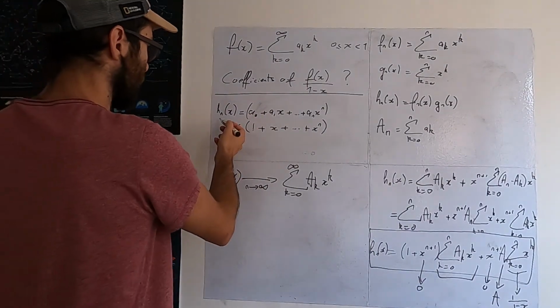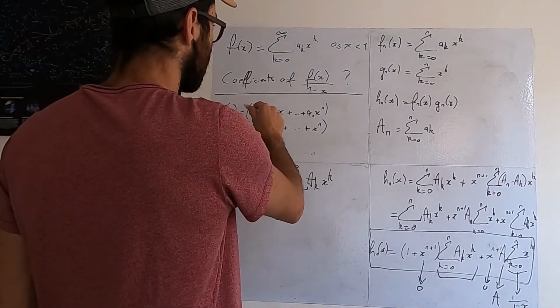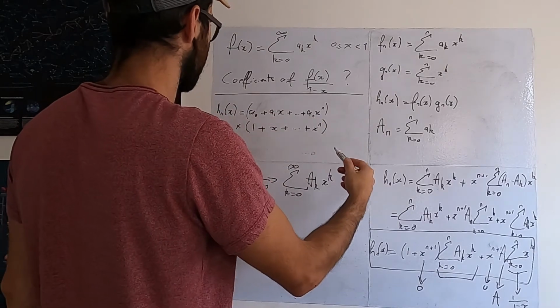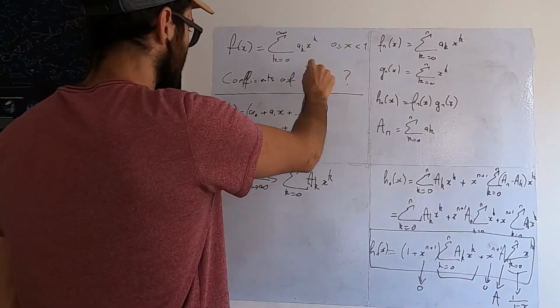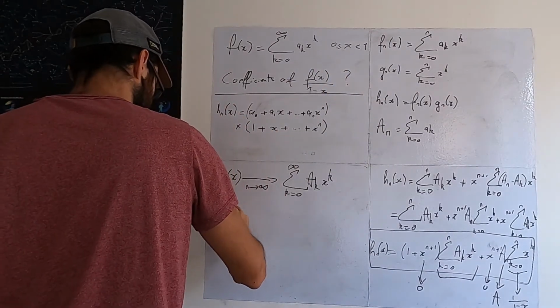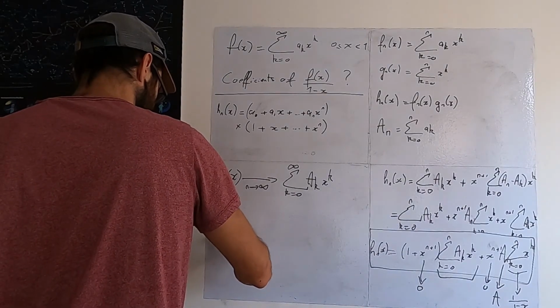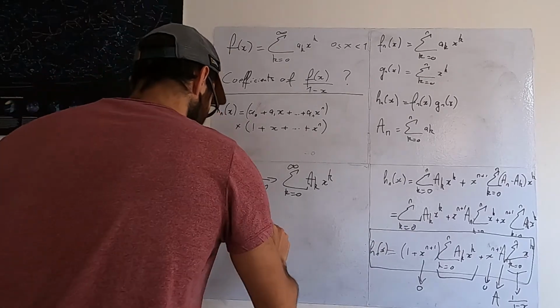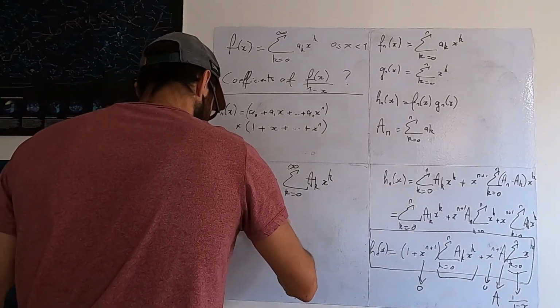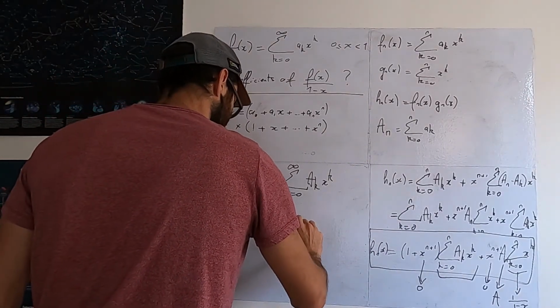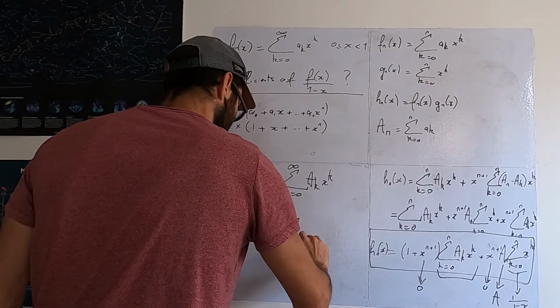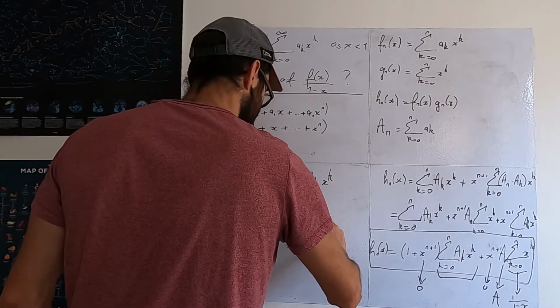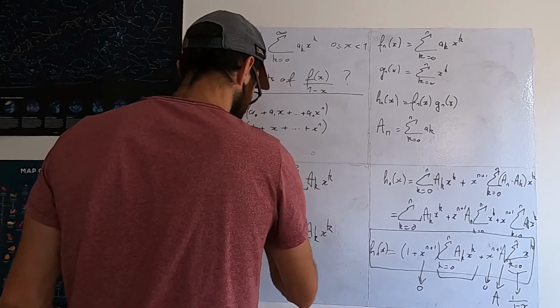And we also know that because hn of x is one partial sum of h of x, we also know that hn of x tends to h of x when n tends to infinity. So that allows us to show that h of x is equal to the sum from k equals 0 to infinity of the Ak x^k.